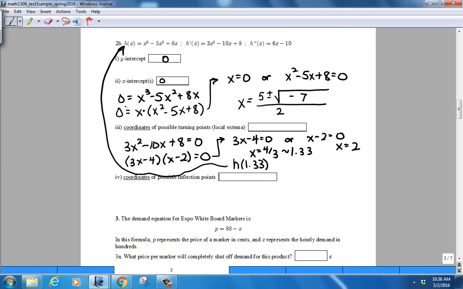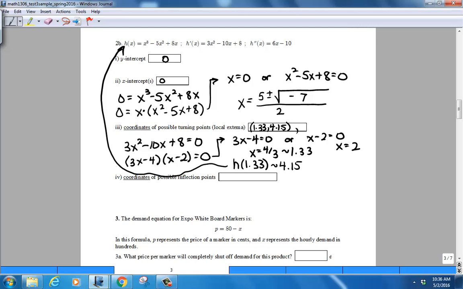So that takes a little bit of arithmetic, because you have to plug the 4/3 or the 1.33 in for x here and do the arithmetic, and it comes out to be, I did it yesterday, about 4.15 approximately. So one of your possible turning points is at 1.33 and 4.15.